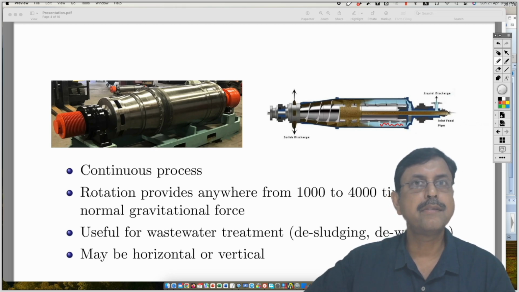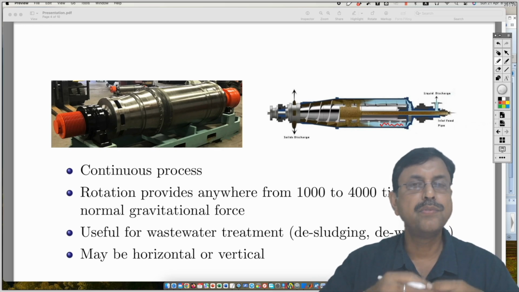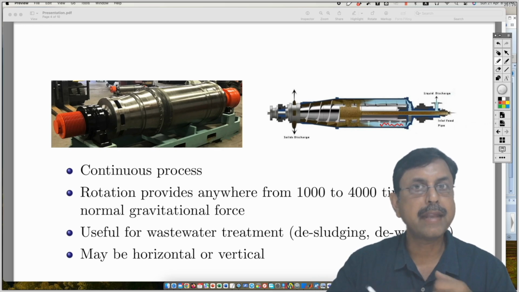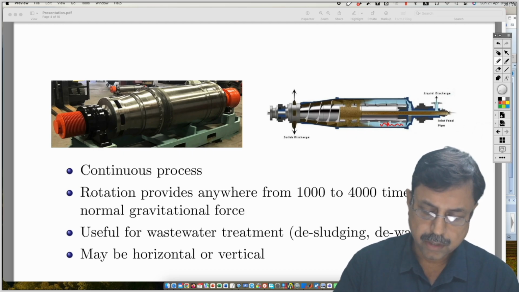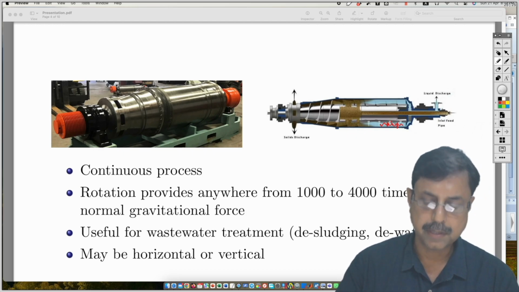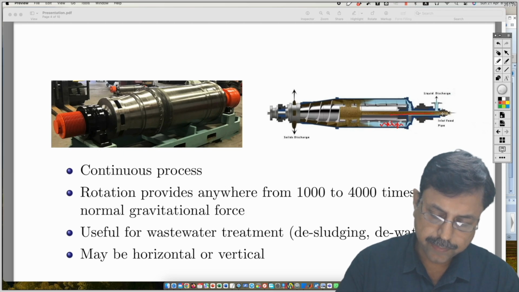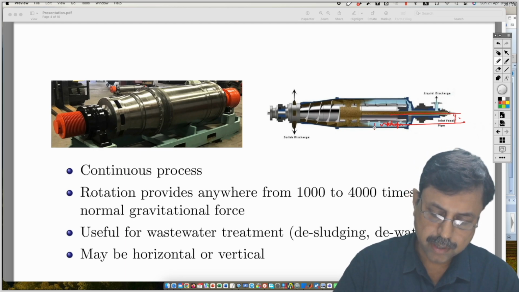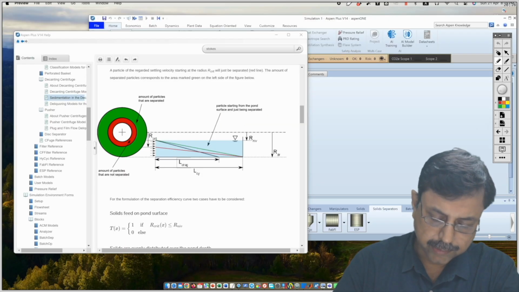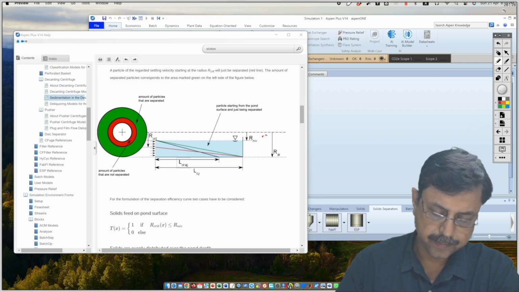So the pond is distributed over the full annulus. Okay, so it is an annular pond. So this is the height of that pond, or you can call it pond depth. So the distance between this axis and the pond surface, this is R neve, and this is the pond depth. So this is R neve and this is R drum.